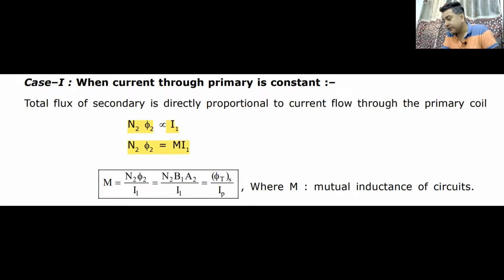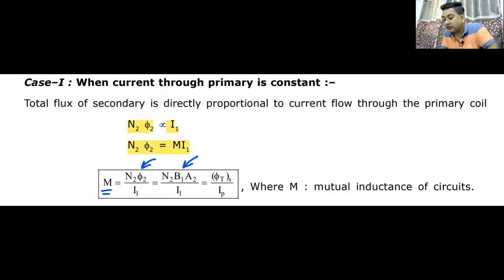N2 and phi2 are the number of turns and flux of the secondary. So my mutual inductance becomes N2 into phi2 divided by I1, or N2 into B1 into A2 divided by I1. Why B1? Because the magnetic field is created by the primary coil.